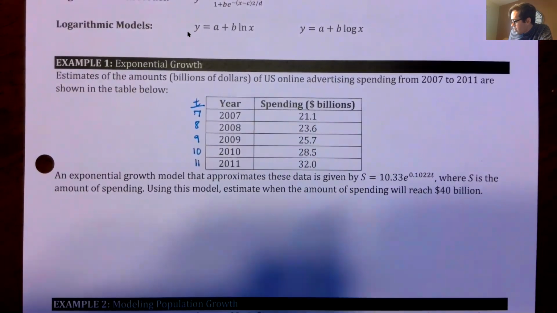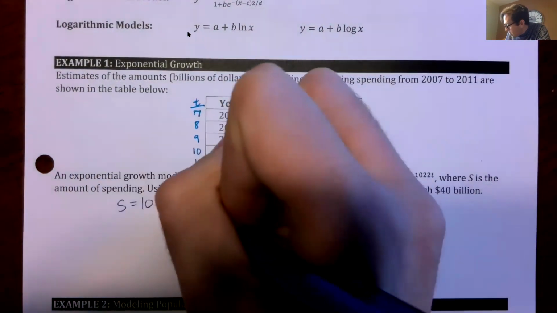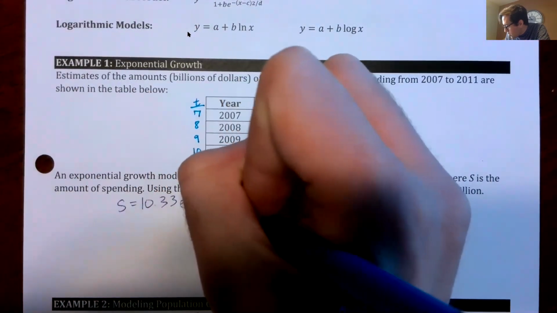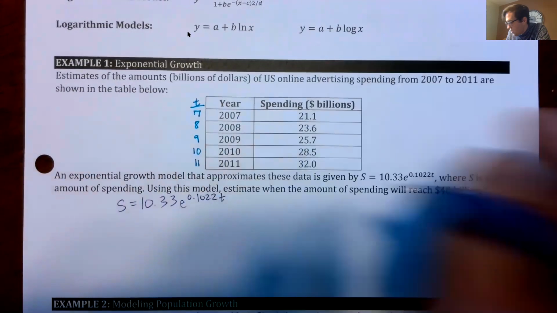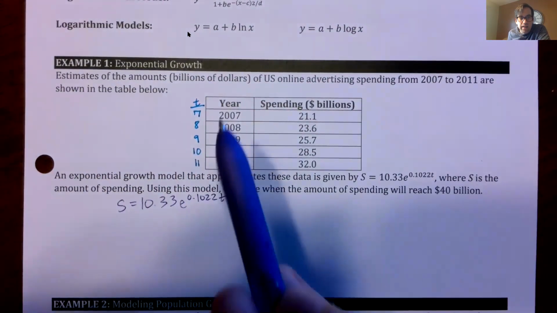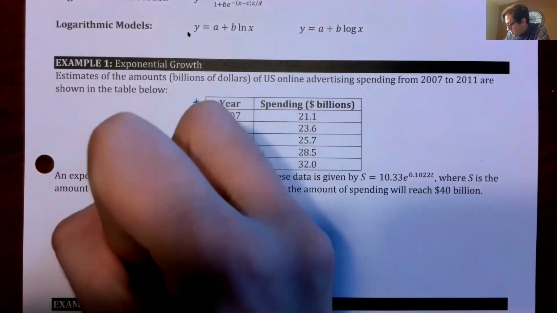So I'm going to start with that formula and write it down: 40 equals 10.33 e to the 0.1022t. S is the amount of spending in billions of dollars, so we're going to be plugging in 40 for S.